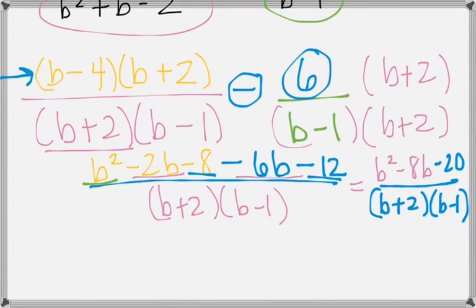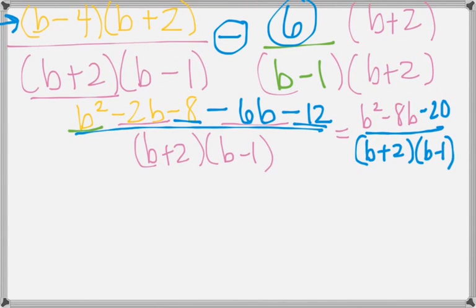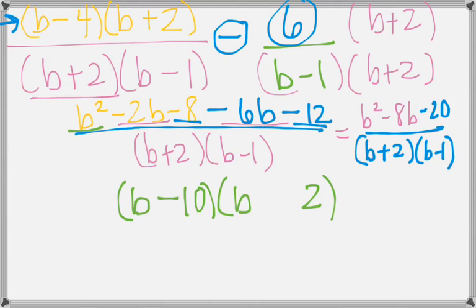In that top, I have a b squared minus 8b minus 20. And I can factor it because what can I multiply to give myself a negative 20 that also has to give myself a negative 8? 10 and 2. One of them's got to be negative, though. Which one? The 10, because we want the 8 to be negative.